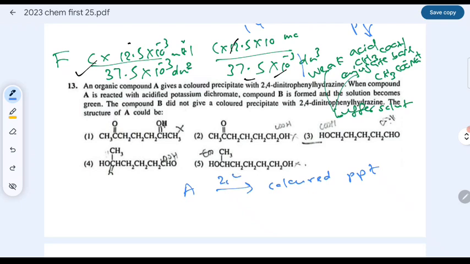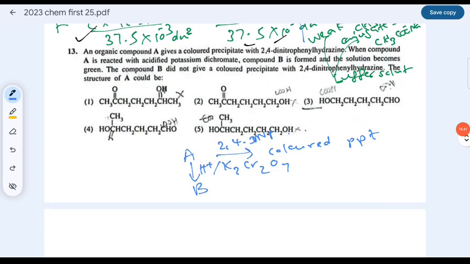Now, when compound A is reacted with acidified potassium dichromate, compound B is formed, and the solution becomes green.